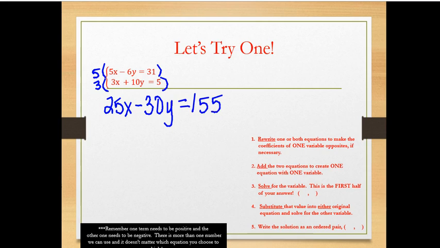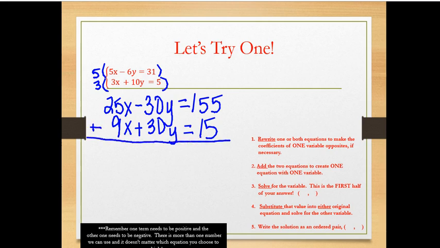Now when I multiply the whole bottom equation by 3, I get 9x, 3 times 3. 3 times 10y will be plus 30y. And 3 times 5 is 15. So from here, I will get 25x plus 9x. When I combine my equations, I'll get 34x.